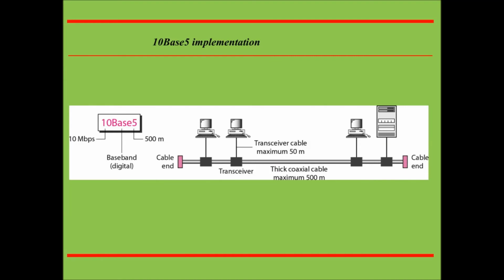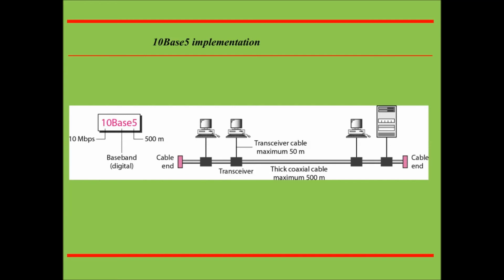A 10 base 5 implementation. Over here, 10 is 10 megabits per second, base is baseband, which is digital transmission, and 5 is 500 meters. So you can see transceivers, cable ends, and this is basically a simple bus topology, and at both ends you can see cable ends, and transceiver cable maximum 50 meters, thick coaxial cable maximum 500 meters.